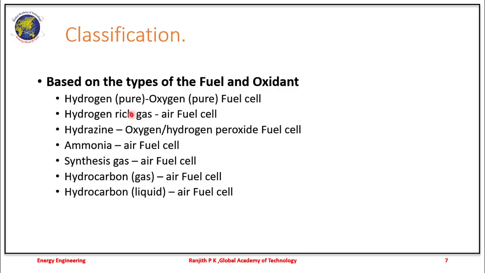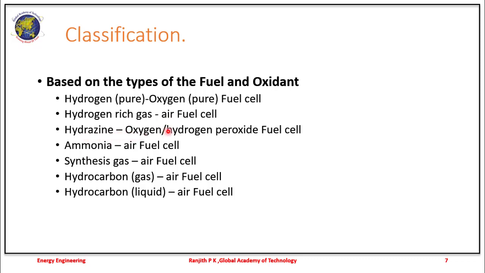The next classification is based on the types of fuel and the oxidant that is employed. In the hydrogen oxygen fuel cell, the fuel is pure hydrogen and the oxidant is pure oxygen. In the hydrogen rich gas and air fuel cell, hydrogen rich gas is the fuel and air is the oxidant.